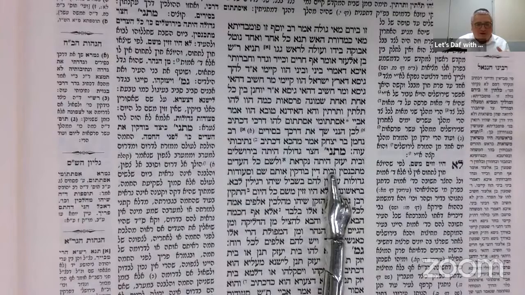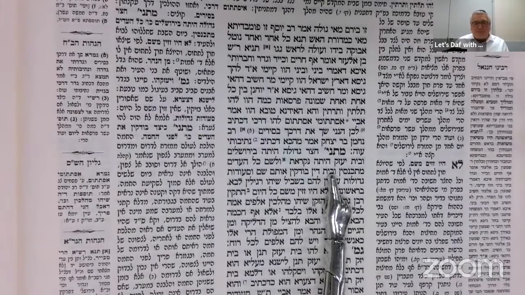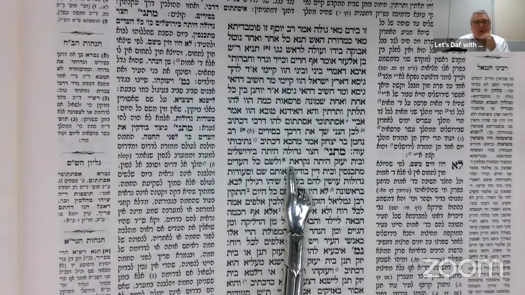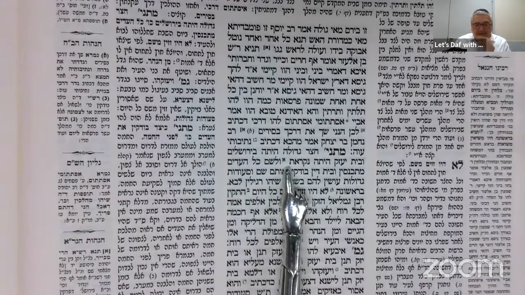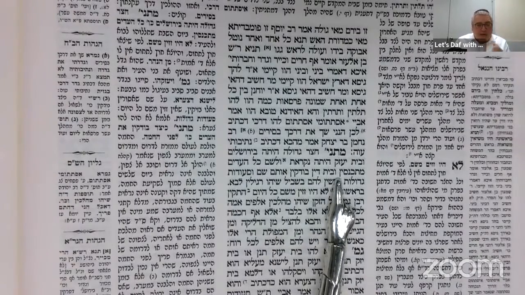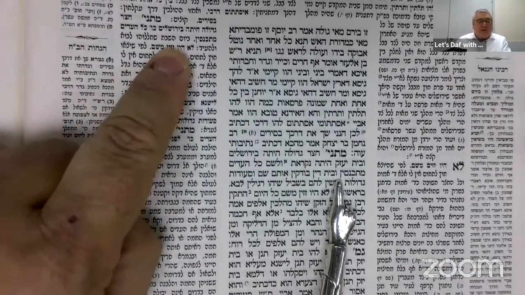There was a big yard in Yerushalayim called Beis Yazik. And there, all of the Edom gathered. Rashi tells us they didn't gather there anytime they came.